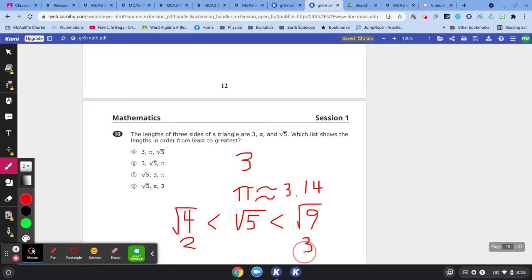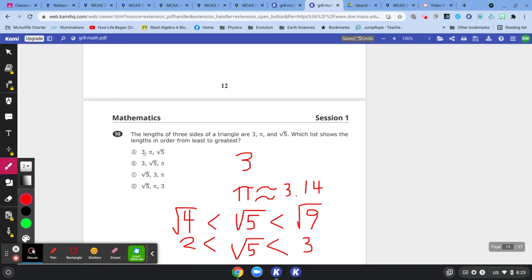So now we've established that the square root of 5 is between 2 and 3, and since it's between 2 and 3, it's less than 3. So the square root of 5 is less than 3, and 3 is less than pi.